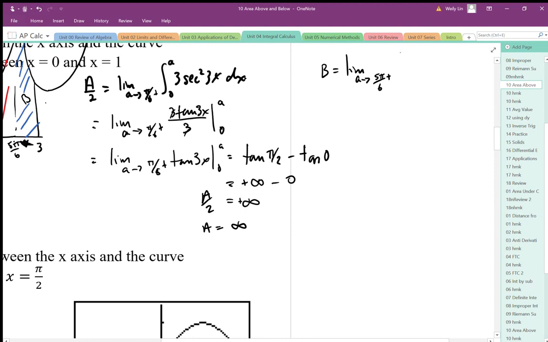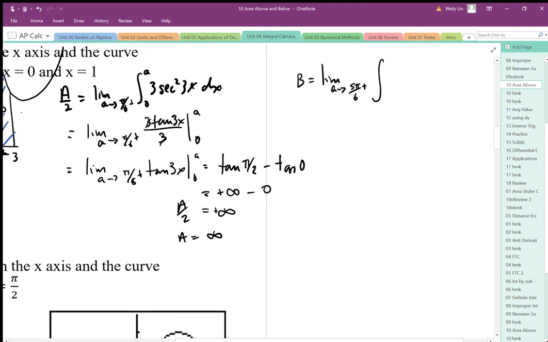That's my area boundary, and it's going to be from A to 3, of 3 secant squared 3x dx. Okay, this is the same integral as before. A goes to 5 pi over 6 from the positive side. I'm going to end up with tan 3x from A to 3.